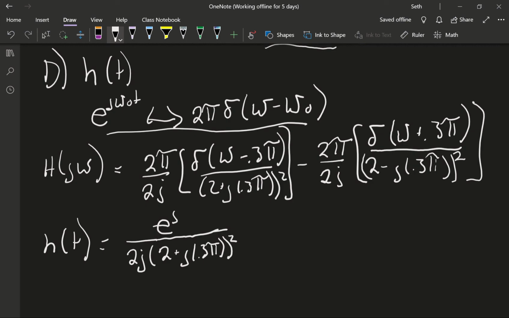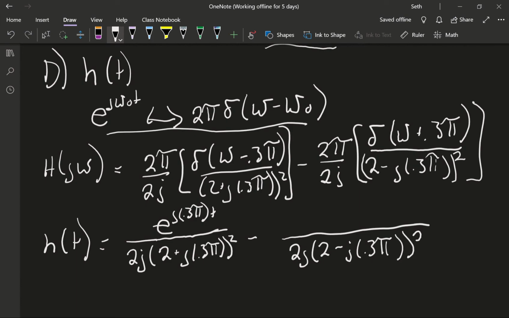Omega naught is 0.3 pi, so e to the j 0.3 pi t, so minus 1 over 2j, where omega naught in this case is minus 0.3 pi, so minus, and that should be the final answer, and it is.